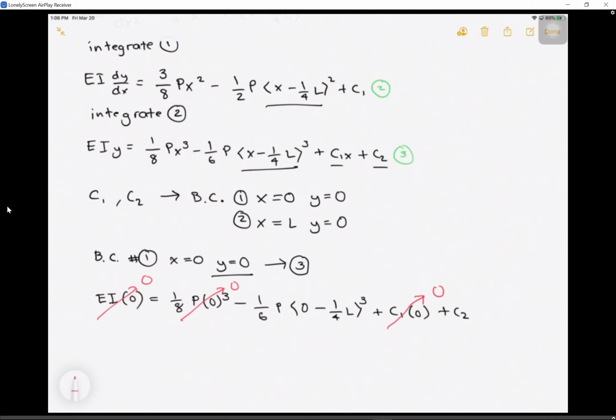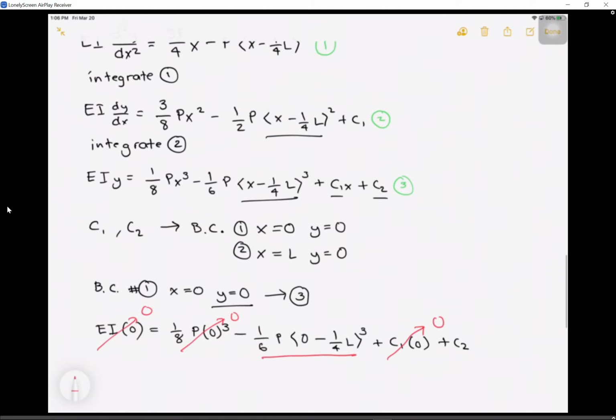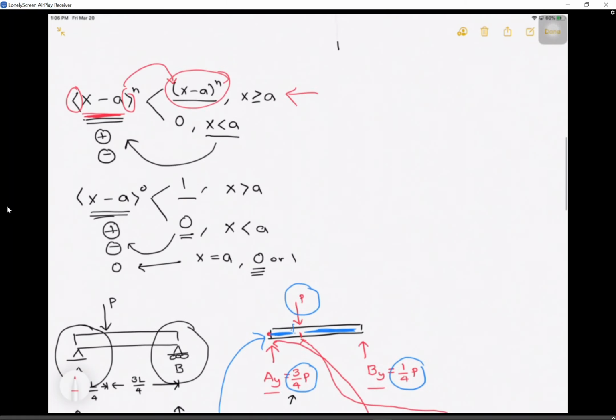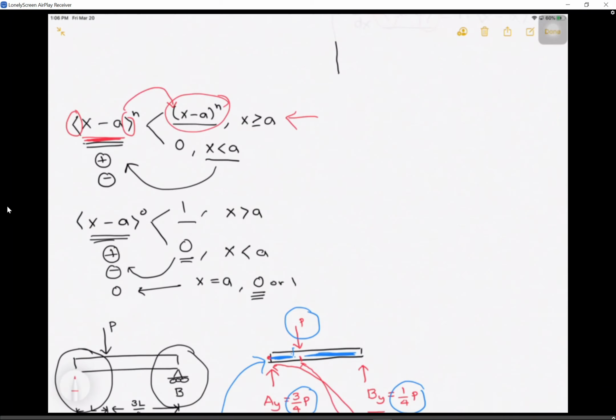So now we have to evaluate this function right here, which is your singularity function. Again, how can we evaluate these singularity functions? It's not just taking this value and getting a number. We have to look at the conditions. Remember this equation: if it's a positive number inside or a 0 value, we assume that this would be x minus a raised to n.